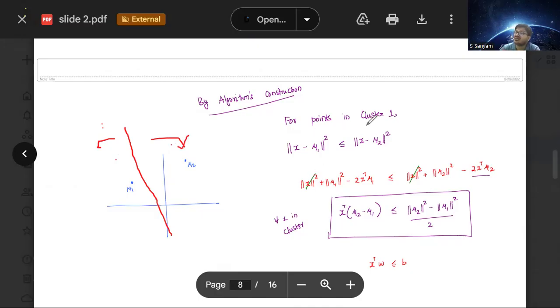Basically, for points in cluster 1, say x, its distance from the first mean will be less than its distance from the second mean. This is the whole equation, and it gives us x transpose w plus b. It is the equation of a line.